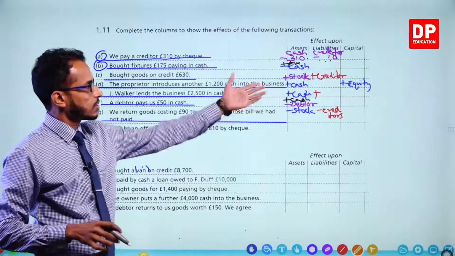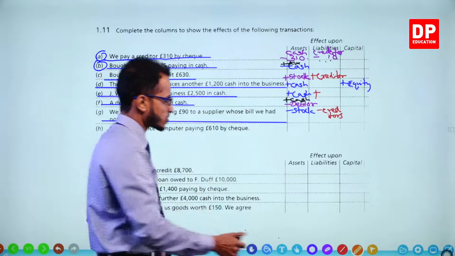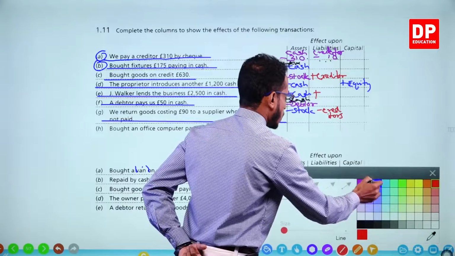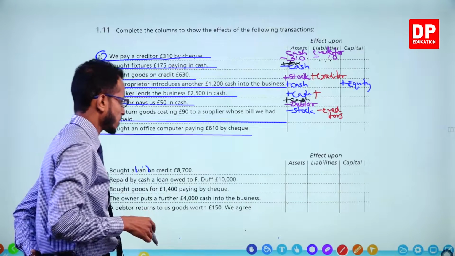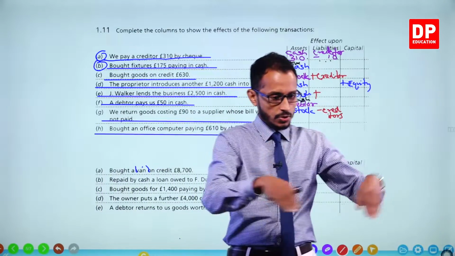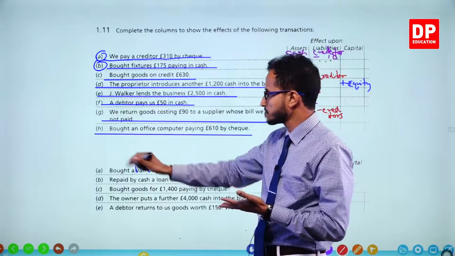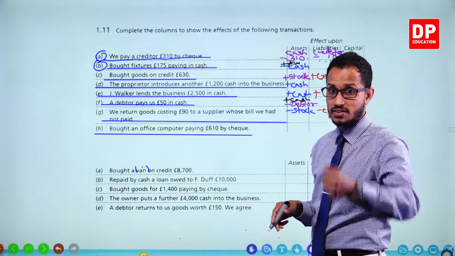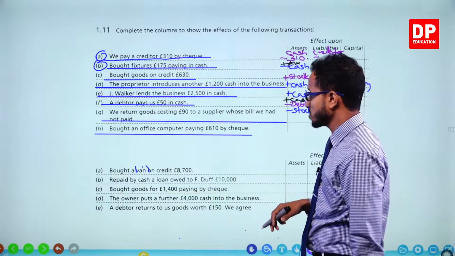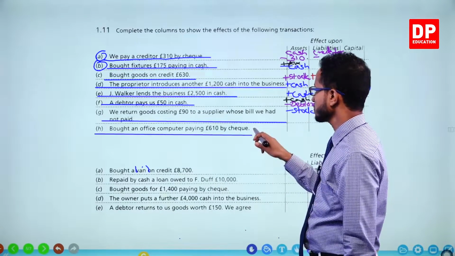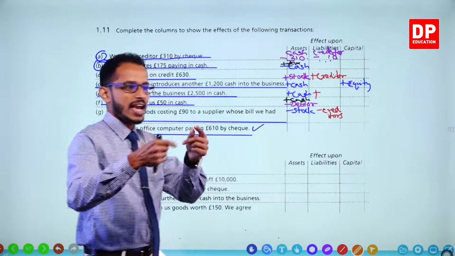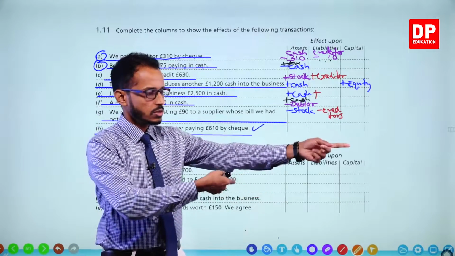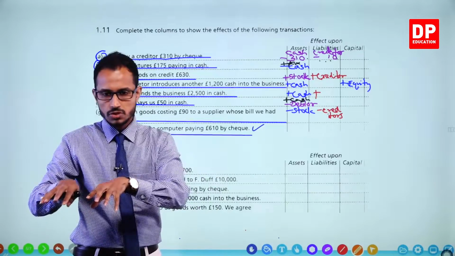All right. Finally, we have this last transaction. Bought an office computer paying by check. Office computer. We have bought a computer for the use of the business, and we have paid 610 in cash, which means, children, this transaction also affects assets. 610 cash goes out, but a computer comes into the business.